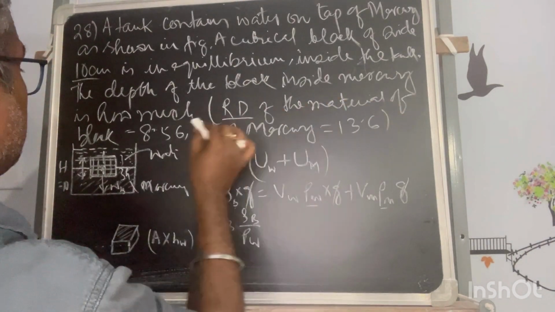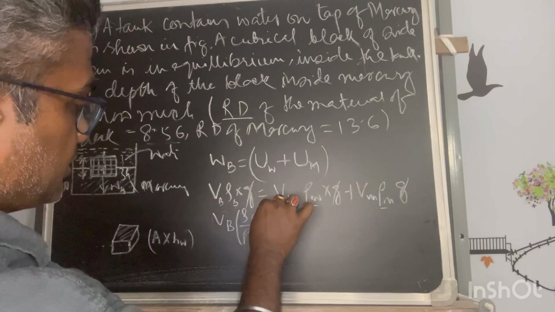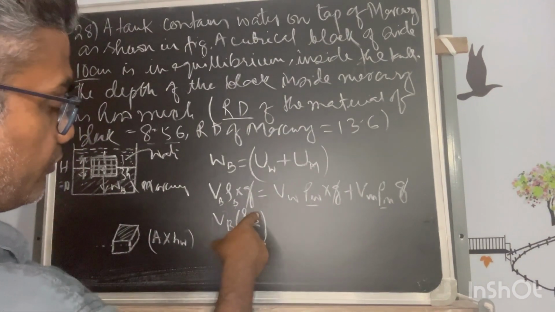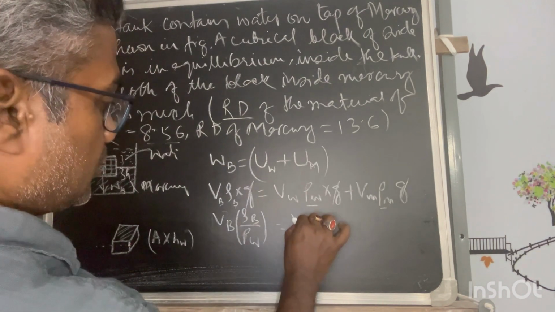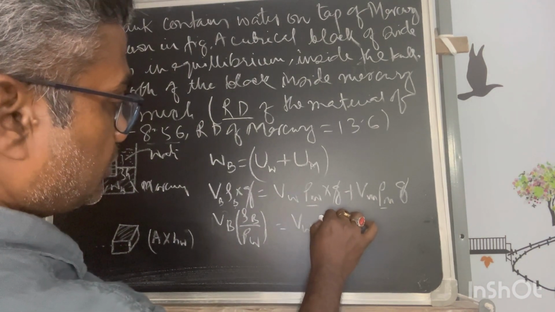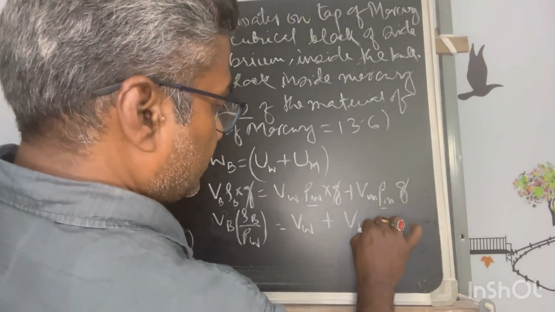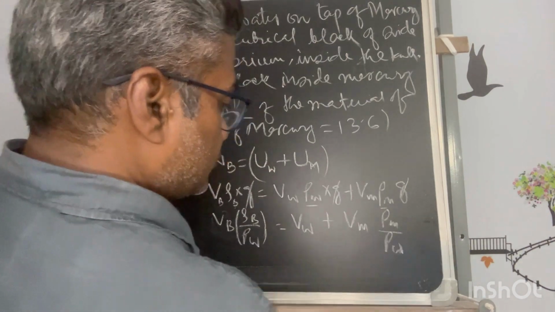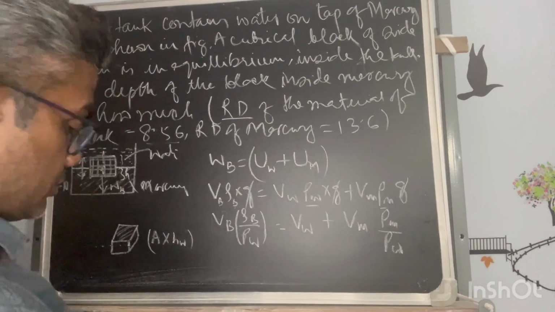The block density divided by rho of water is the RD. So my intention is to convert it in the same way, with volume of mercury times rho of mercury by rho of water.